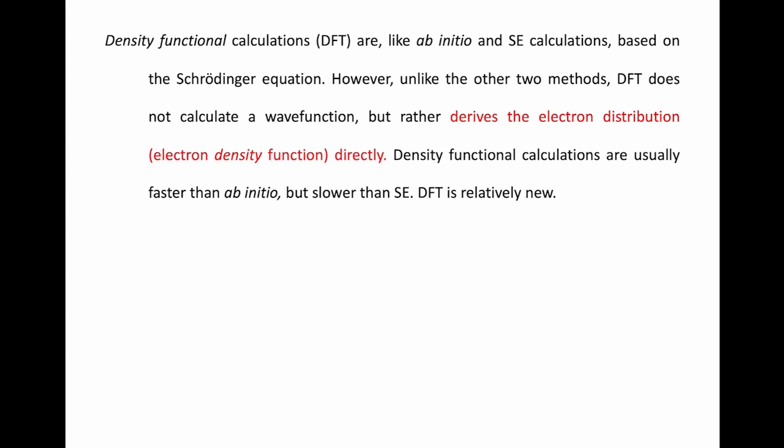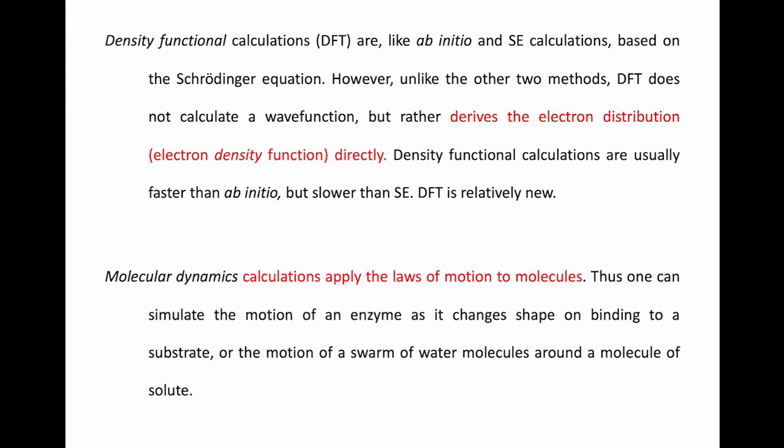Here in density functional theory, we calculate the electron distribution using the electron density function. Density functional calculations are usually faster than ab initio but slower than semi-empirical. DFT is a relatively new method.